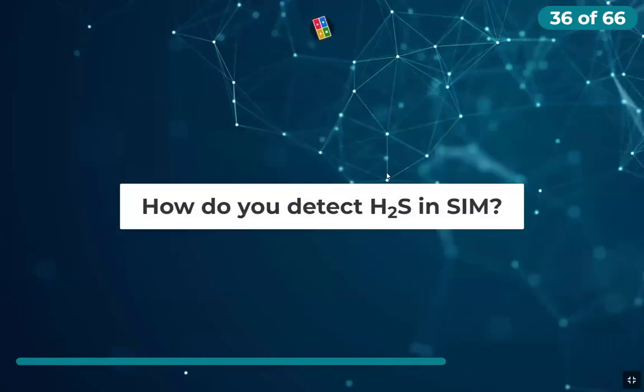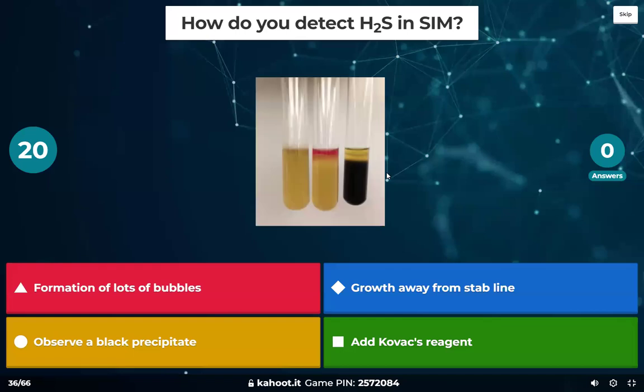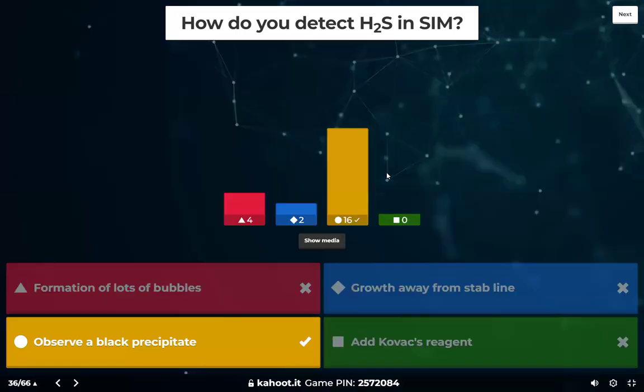Okay, how do you detect H2S, the sulfur part of the SIM? How do you detect sulfur reduction? All right, so we're going to observe that black precipitate that was very obvious in that last tube.